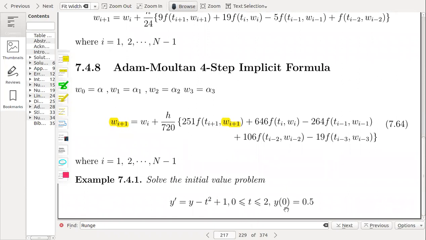Okay, so consider this initial value problem as an example. So y prime is equal to y minus t square plus 1. We can also write w prime is equal to w minus t square plus 1. So t lies between the interval 0 and 2, and y at t equal to 0 is given.